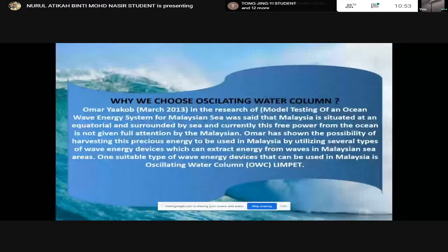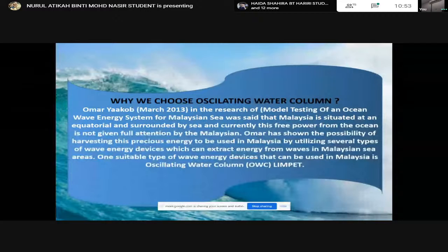Why did we choose the oscillating water column? This is based on the research from March 2013, Model Testing of an Ocean Wave Energy System for Malaysian Sea.